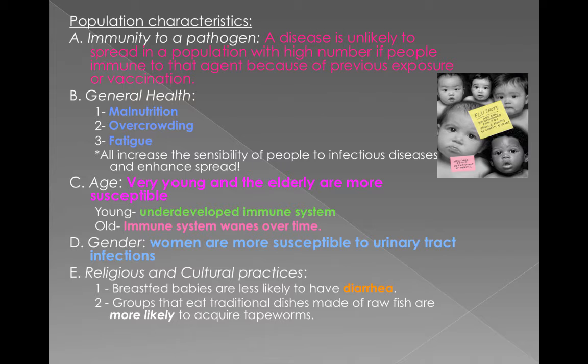Gender, there are some diseases, ladies, I hate to say it, but we're more susceptible to, like urinary tract infections. And then in some situations, there are some religious and cultural practices that might impact the spread of infectious disease. For example, breastfed babies are actually less likely to have diarrhea. Groups that eat traditional dishes made out of raw fish are more likely to acquire tapeworms.